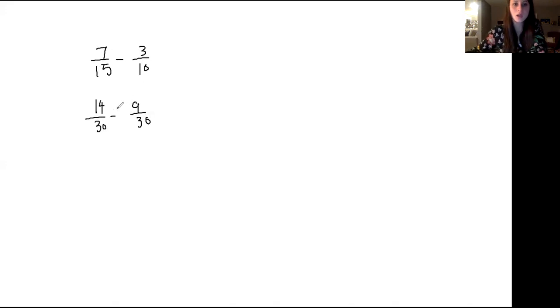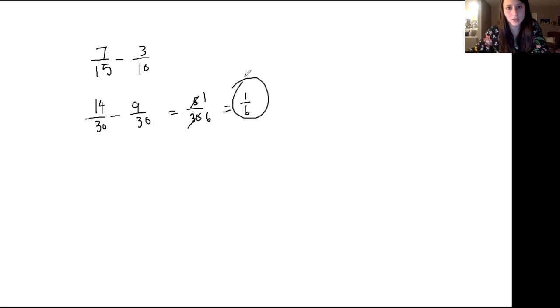Okay. Then 14 minus 9 is 5. 5 over 30. Can I reduce this? I think everything's divisible by 5. So this becomes 1 out of 6. My answer is 1/6.